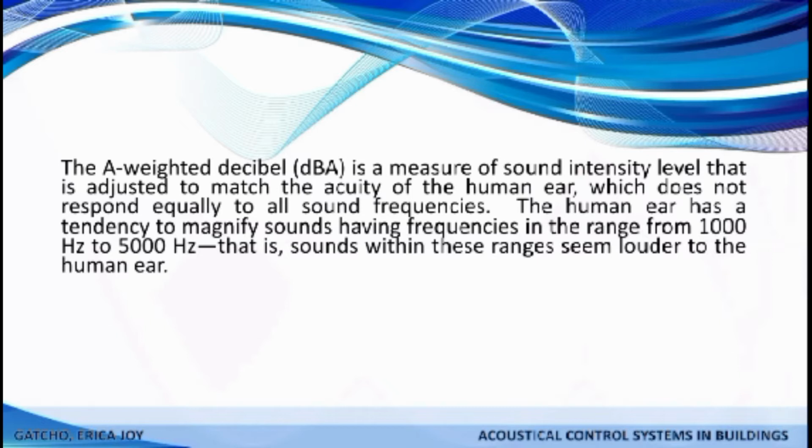The human ear has a tendency to magnify sound having frequencies in the range from 1,000 to 5,000 Hz. So, yung sound na yan is masyado nang malakas para sa pandinig natin. Yung mga sound outside this range is humihina siya by using electronic filter. Yung sound level yung magre-read ng mga numerical value na sakto lang sa pandinig natin.